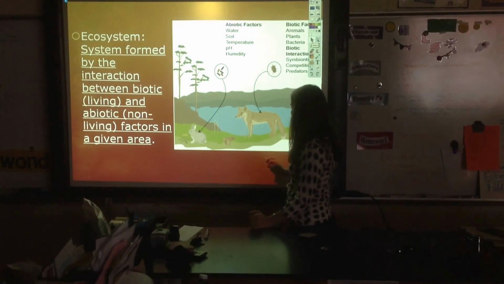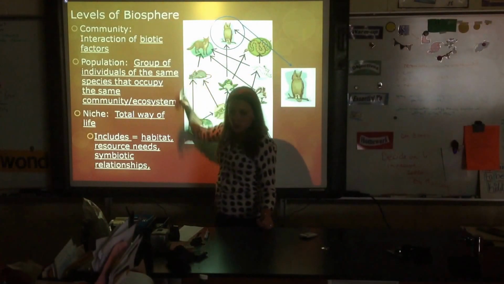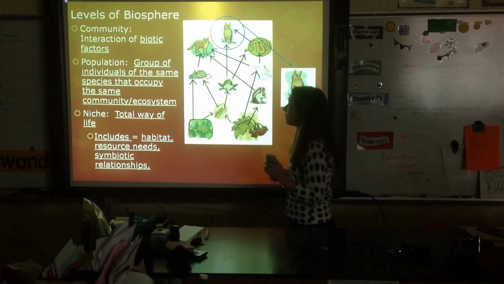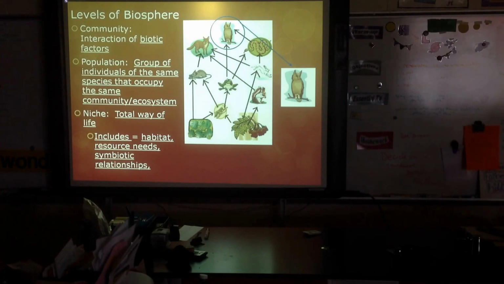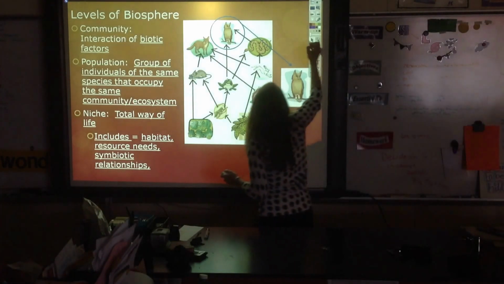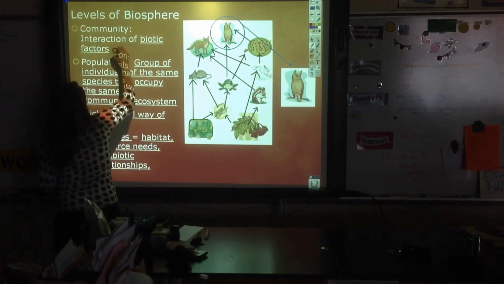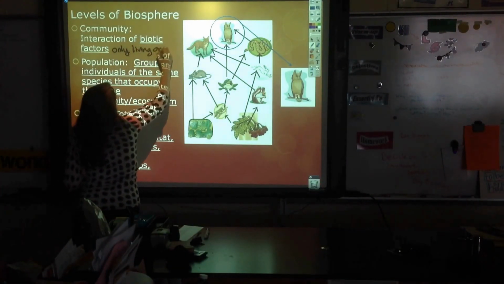So sometimes we want to study just the living things, and that's called a community. A community is the interaction of biotic factors. And so when we study a community, we are studying just the living things. So only living organisms.